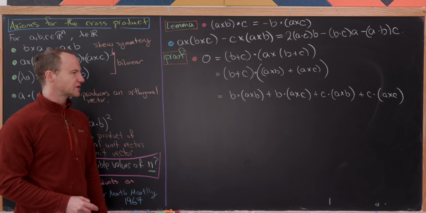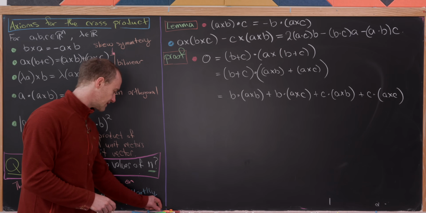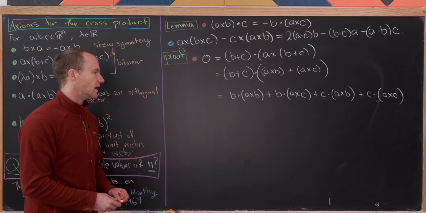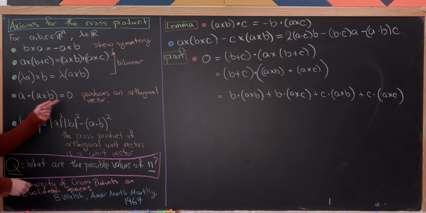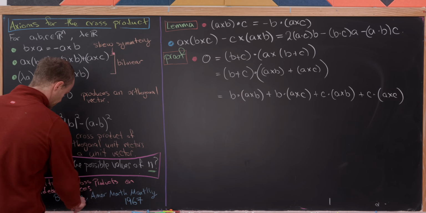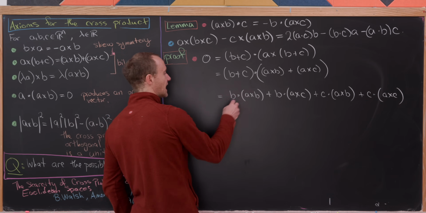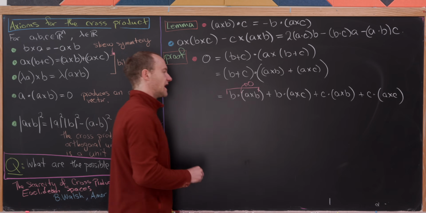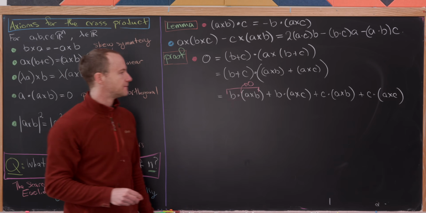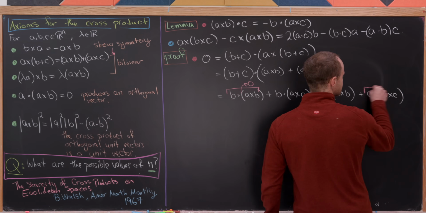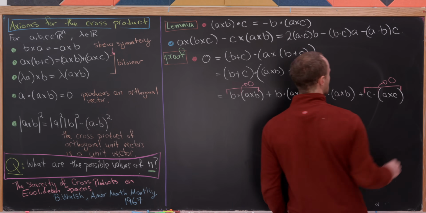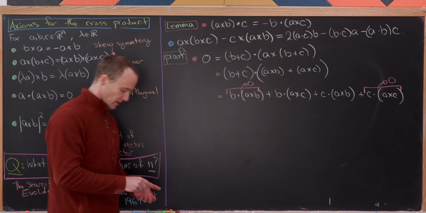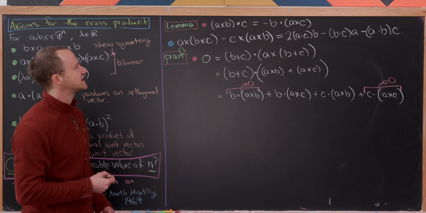But now let's observe that some stuff is automatically equal to 0 by, again, this rule right here. For instance, B dot A cross B is equal to 0 because A cross B is orthogonal to B. And C dot A cross C is also equal to 0. Now let's put this together.